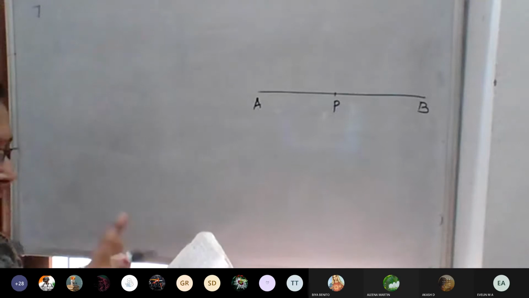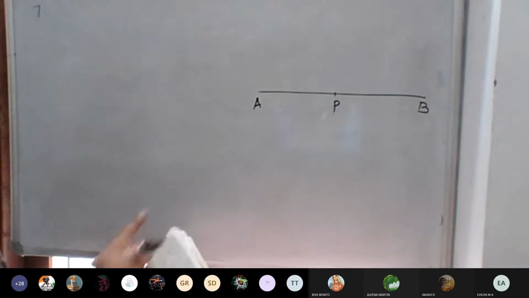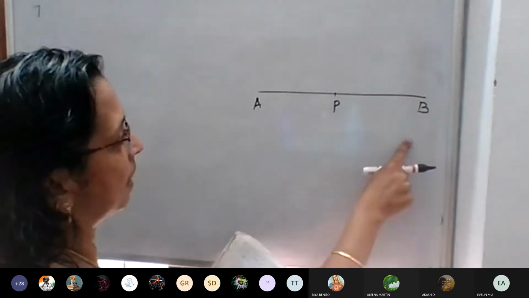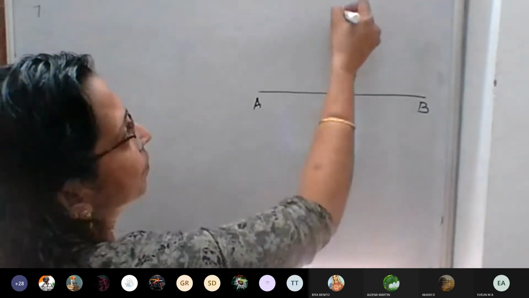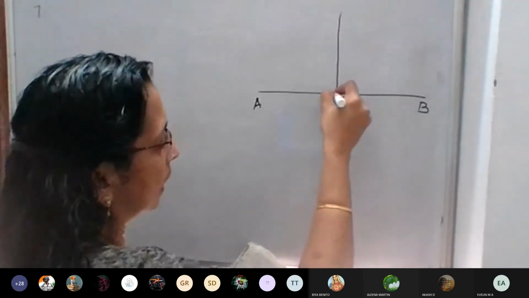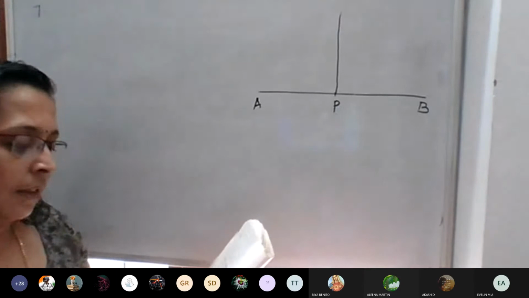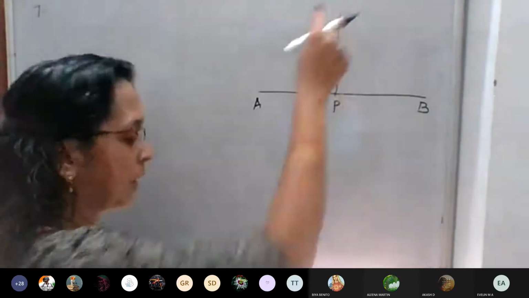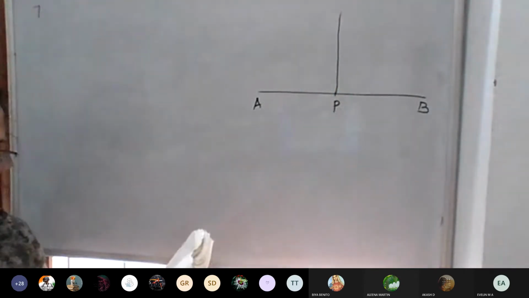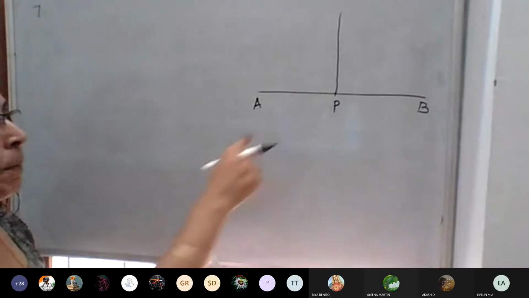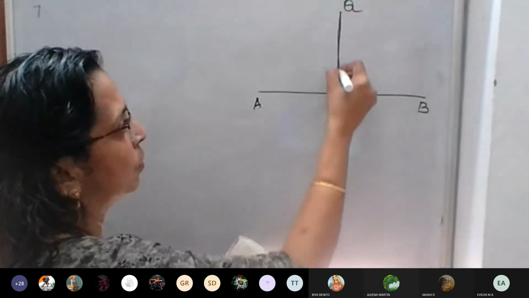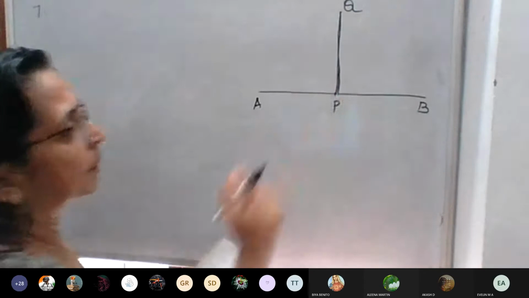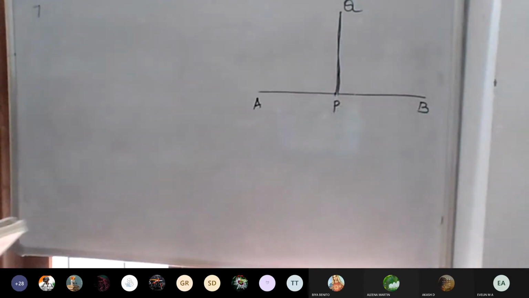Either we can draw it downward or upward, perpendicular. So this is PQ, another line segment which is perpendicular to AB.